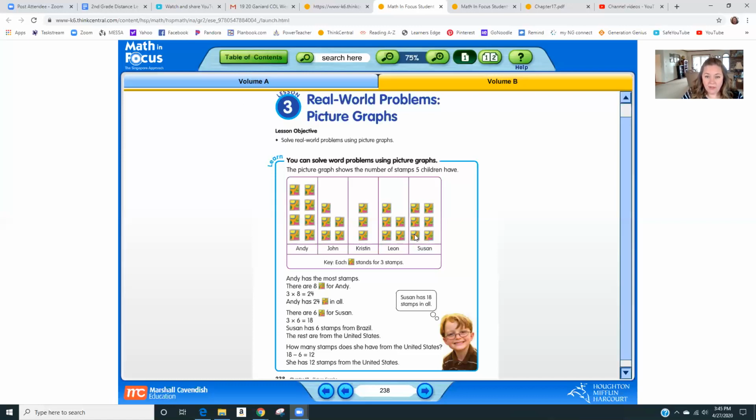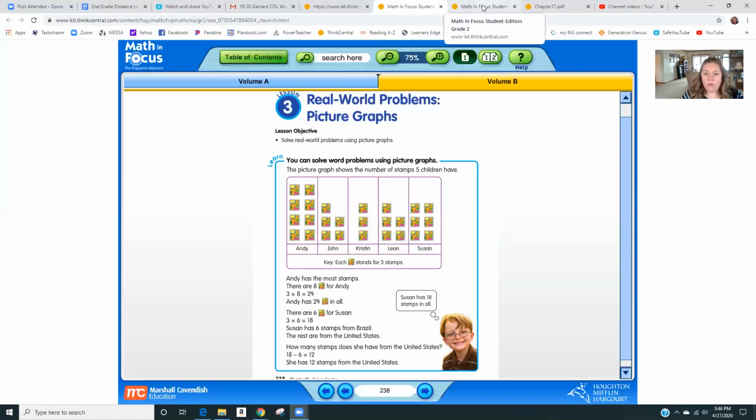She had 6 symbols, each stood for 3 stamps, so we knew she had 18 stamps in all, but we take away the 6 that were from Brazil, and we're left with 12 stamps from the United States. So you can see, taking this information from the pictograph can help you answer all sorts of questions.